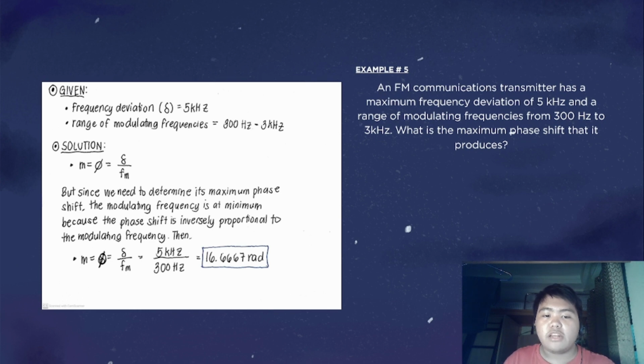Thus, 5 kHz over 300 Hz is equal to 16.6667, but since this is a phase shift, we need to consider the unit of rad. Therefore, the maximum phase shift that it produces is 16.6667 rad. And that would be all the concepts of angle modulation.